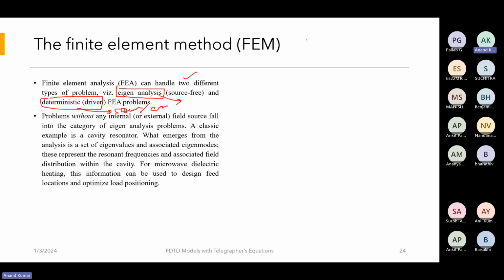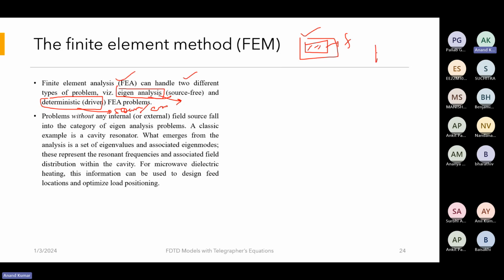For example, if you have a resonator and you want to find out the resonance frequency, you don't really need any source. You can evaluate using the eigenmode analysis. I won't go into detail of the eigenmode analysis, but this is one way you solve using the finite element analysis.